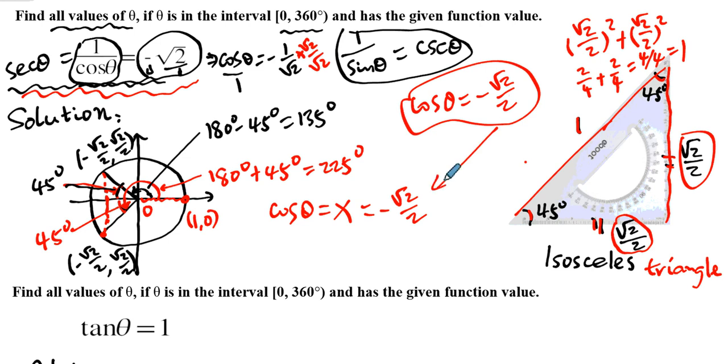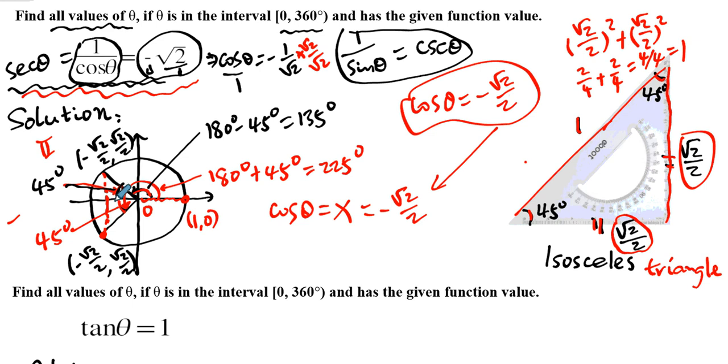This tells us that theta is either in this angle, which is in quadrant 2, or is in quadrant 3. In quadrant 3 it will be this angle.